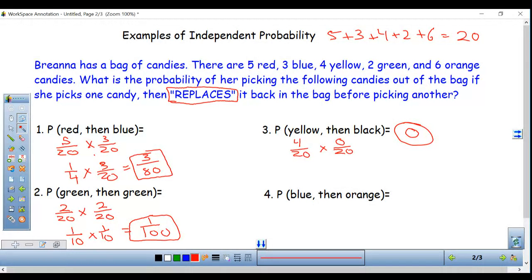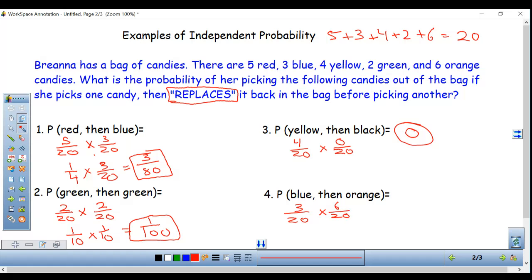Moving on to number 4. If you want to pause it and try number 4 on your own, go ahead. But number 4 says probability of picking a blue and then an orange. So let's look at blue. There are 3 blues out of a total 20 candies in the bag. I'm going to multiply that with 6 oranges out of 20 in the bag.